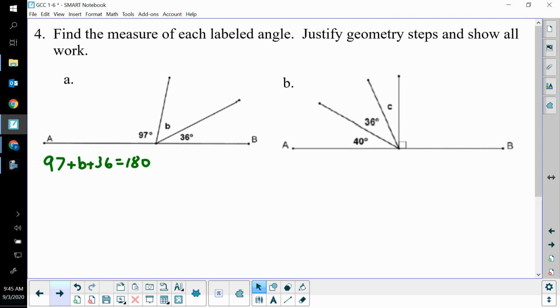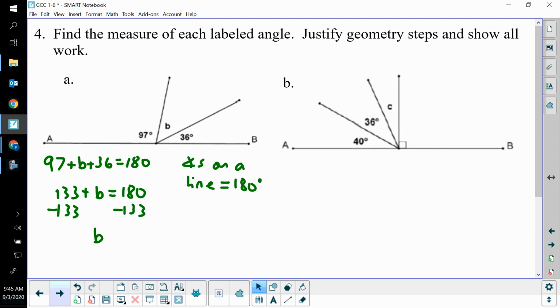And our justification, we would say angles, and you can abbreviate angles with the symbol, on a line equal 180 degrees. So if we combine our like terms here, we get 133 plus b equals 180. Subtract the 133 over, and we get that b is equal to 47 degrees.